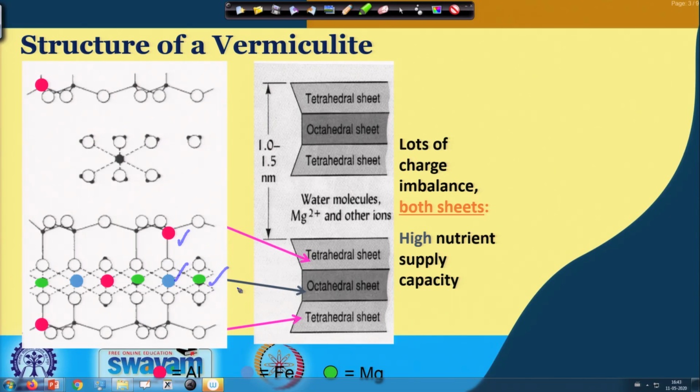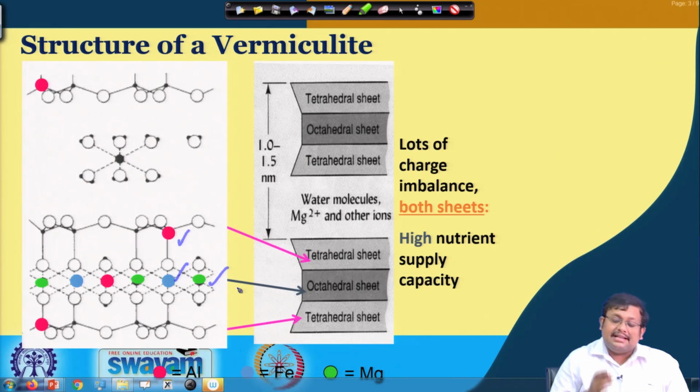As a result, lots of charge imbalance develops in both sheets, and negative charge is developed. As a result of high negative charge, this vermiculite has the capacity to attract the nutrient cations, and as a result, this type of soil can supply a high amount of nutrients to the plants.